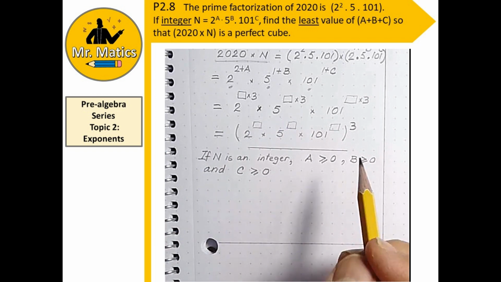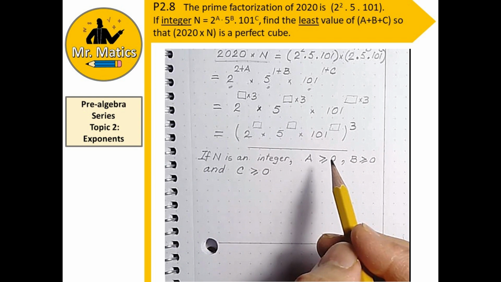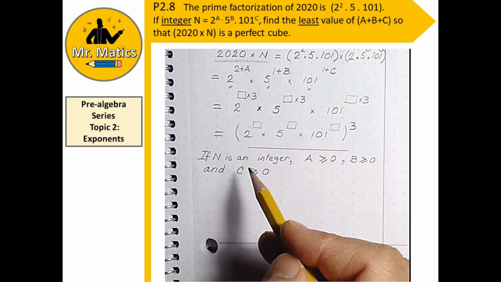That means I cannot have a less than 0 or b less than 0 or c less than 0. Why?